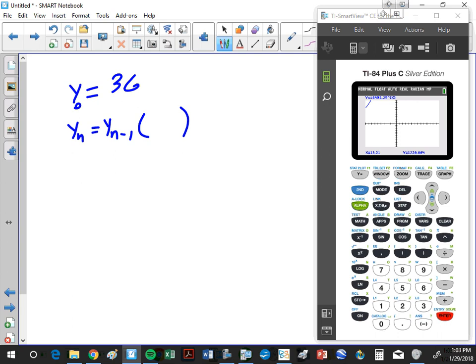So losing 15% is the same as keeping 85%. So it would be y sub n minus 1 times 0.85. And that's a 15% loss. The explicit formula is y equals the starting value of 36 times 0.85 to the x.